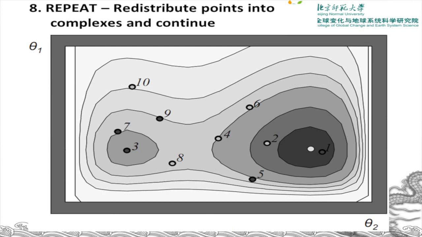Anyway, SCE is a combination of a genetic algorithm and local search. It's much more efficient than a genetic algorithm, but it retains the global search property of the genetic algorithm.